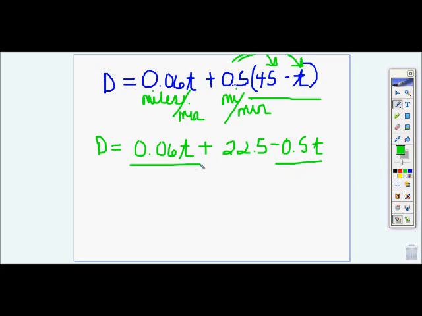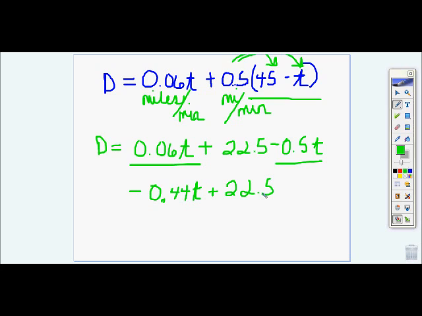Now I have some like terms. I have some t's. They're both raised to just the first power, so they can be combined. So 0.06t minus 0.5t, and again, that was a negative, gives me a negative 0.44t, and then I still have my positive 22.5.